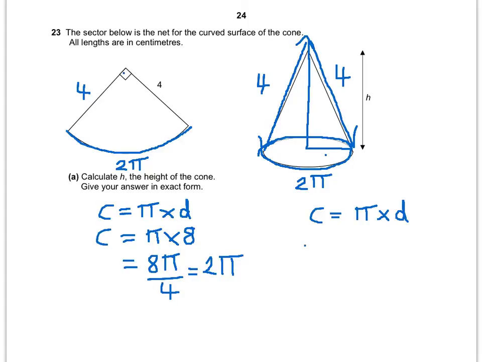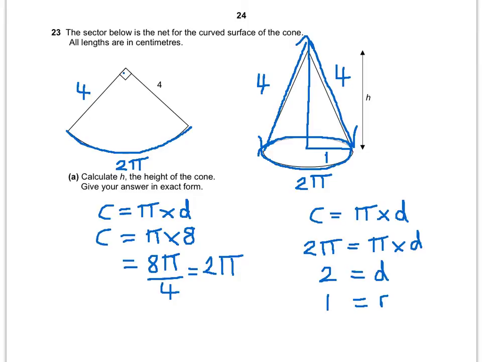We know it's 2 pi. So 2 pi equals pi times the diameter. Well, pi times something is 2 pi, so diameter must be 2. So if the diameter is 2, the radius is going to be half of that, so the radius must be 1. So that distance there must be 1.